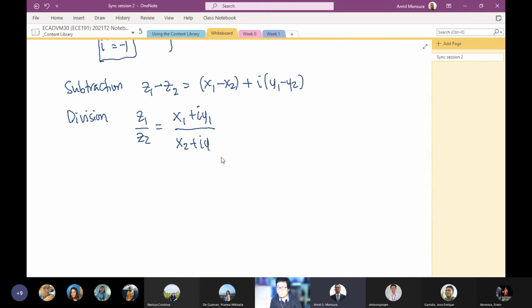In order for you to find the quotient of this, you need to multiply it by the ratio of X2 minus I Y2 over X2 minus I Y2. Take note that the numerator and denominator are the same numbers, which means their ratio is equal to 1.